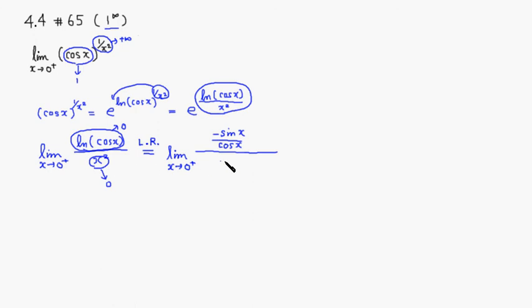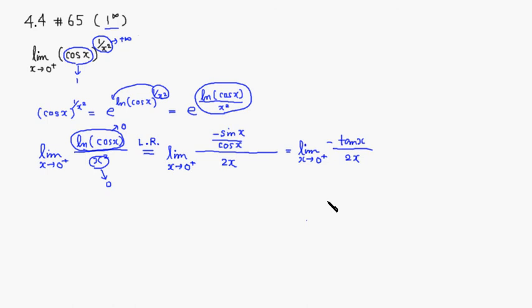The derivative of x squared is 2x. Cleaning up a little, sine over cosine is tangent, so I'll write this as the limit as x approaches 0 from the positive side of negative tangent of x over 2x.